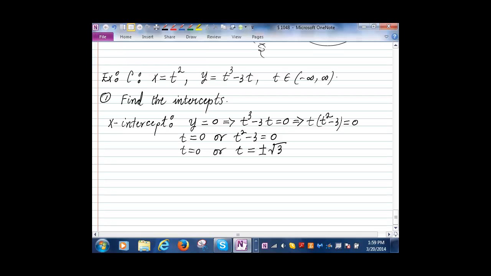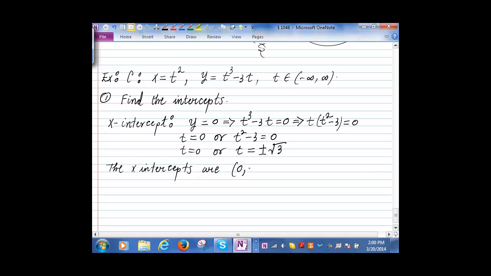Okay, we can figure out the corresponding values of the x and y coordinates, right? So what are the points? What are the intercepts? When t is 0, what is the value of x? 0.